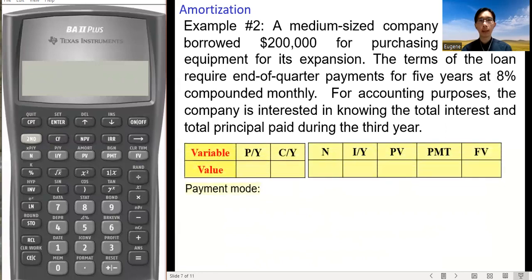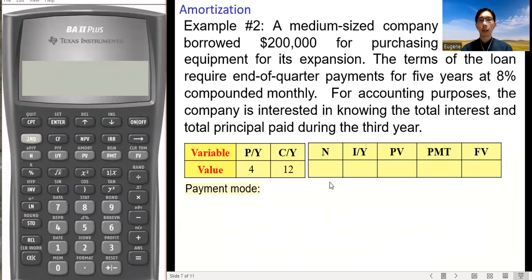First, we need to get the payment amount. PY is 4, end of quarter payments. And then CY is 12, since the interest rate is compounded monthly.